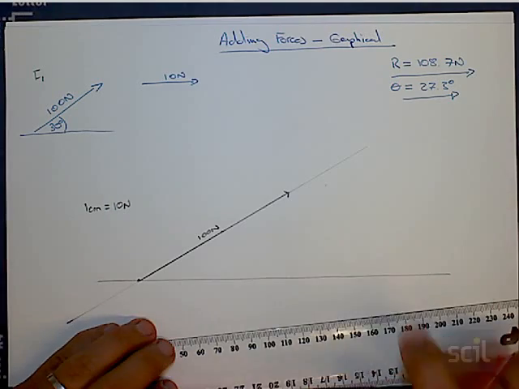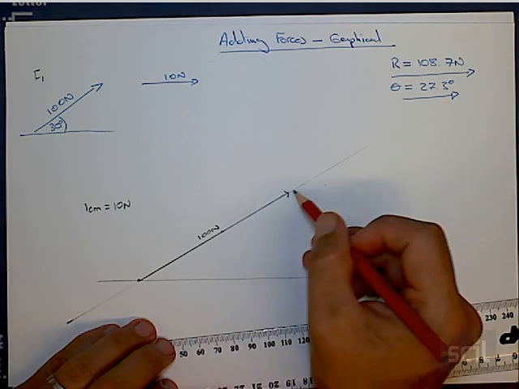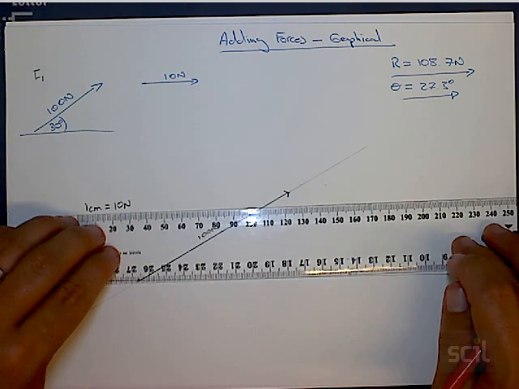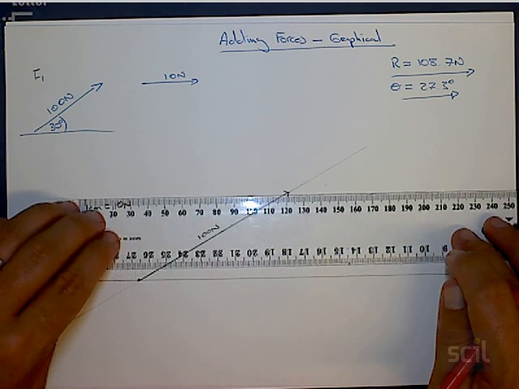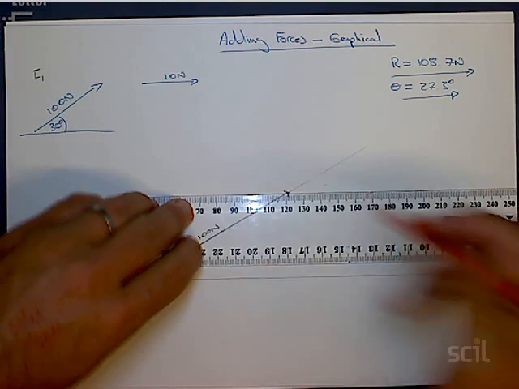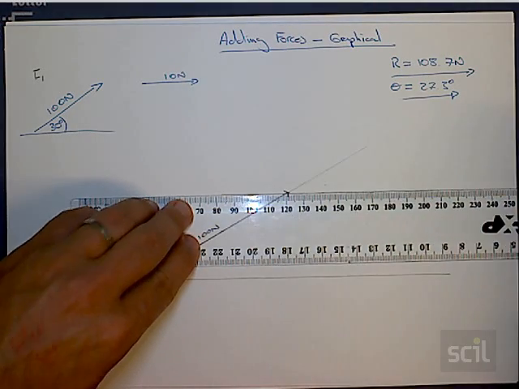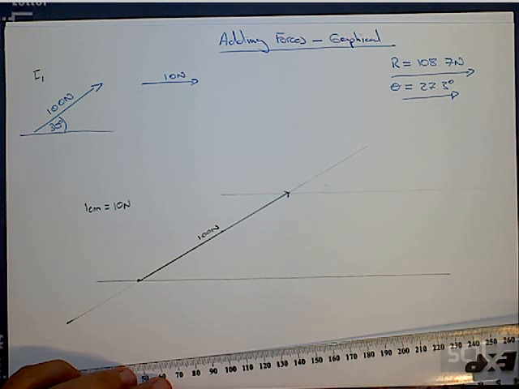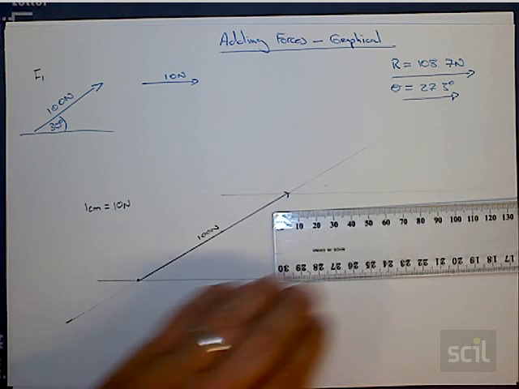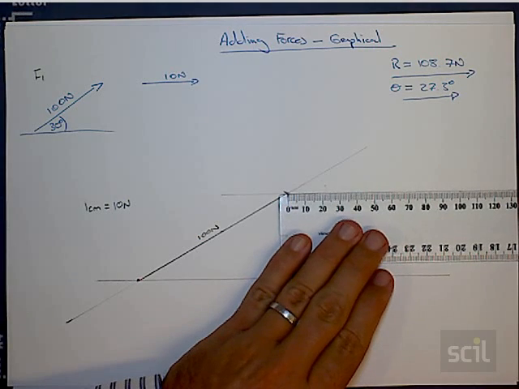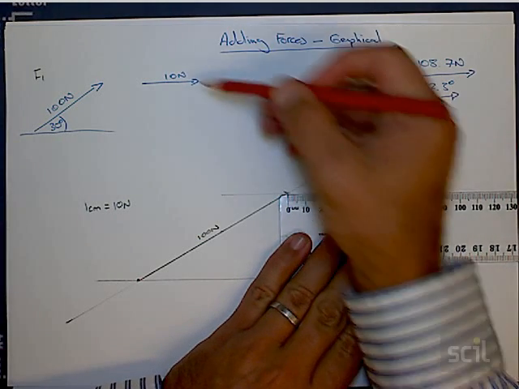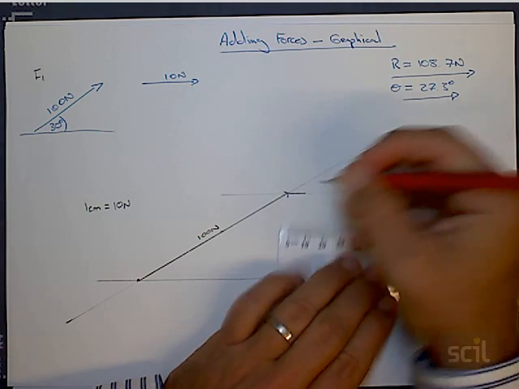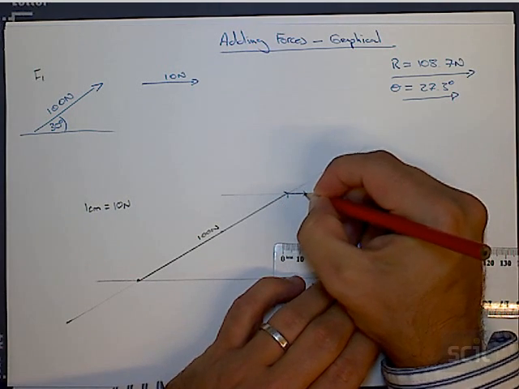Now I need to add my 10 Newton force head to tail, so I'm going to draw another horizontal to try and make sure, and I'm just doing a bit of a guess, this is where the errors in these drawings can come in. Another horizontal line, again I haven't decided how long it is yet, I've just drawn its action, and because this line is only 10 newtons big, I've got to keep to my scale, and that's going to be as long as that force is.